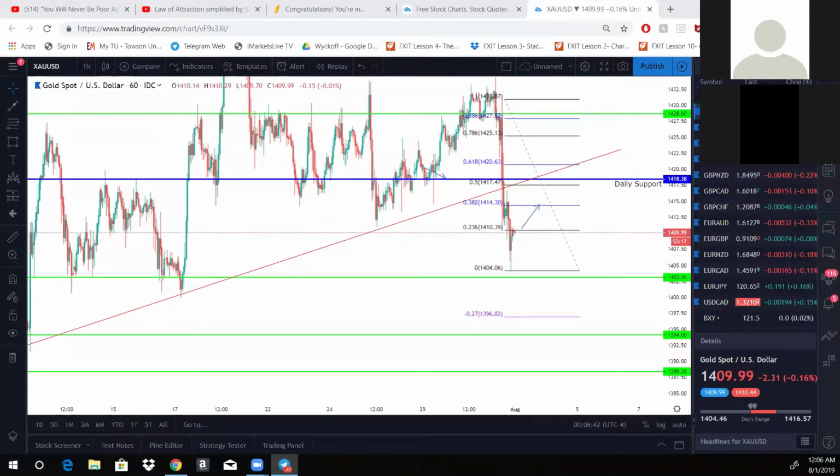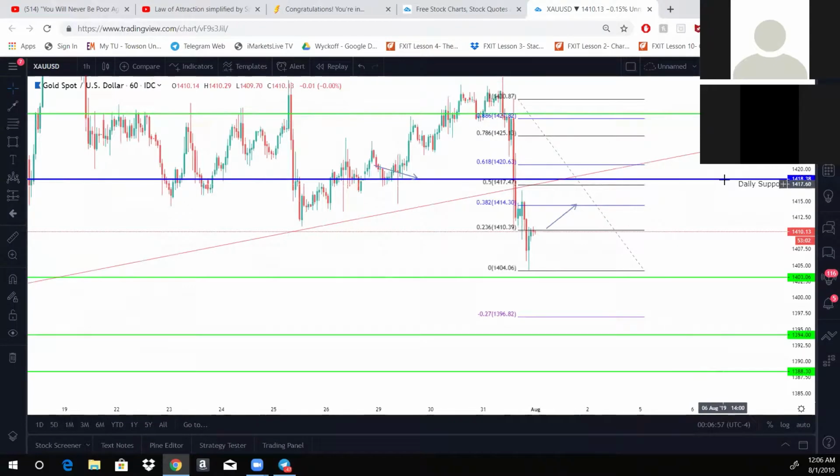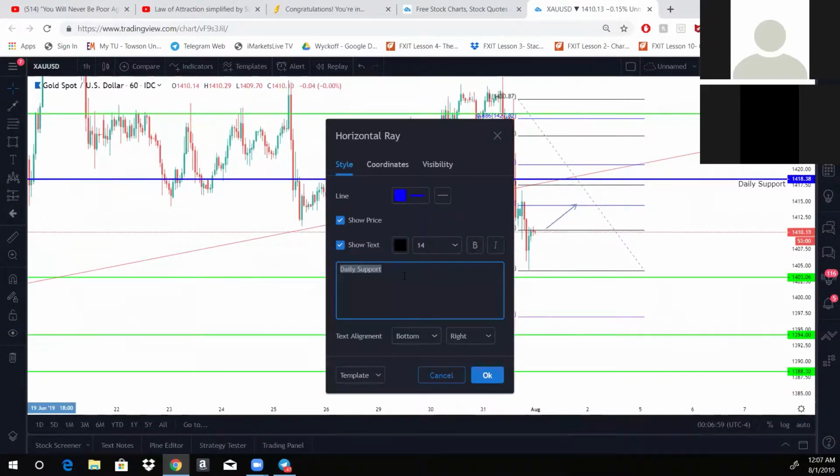Have any other trades or ideas? How about gold? That's actually what I just covered. It definitely broke this daily support, so this is daily resistance now. I didn't update it because I was busy all day.